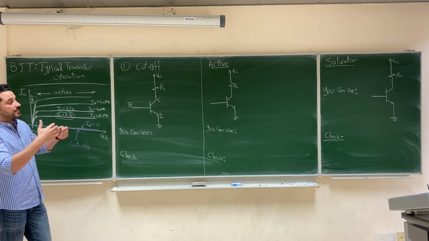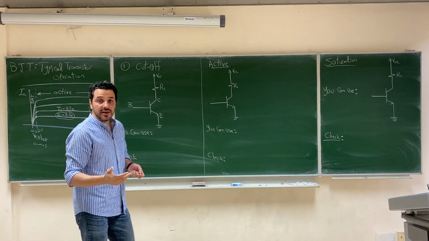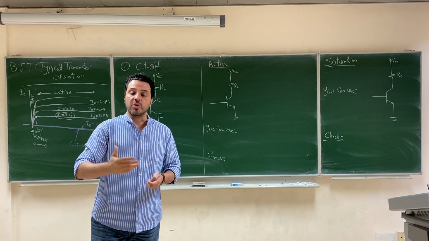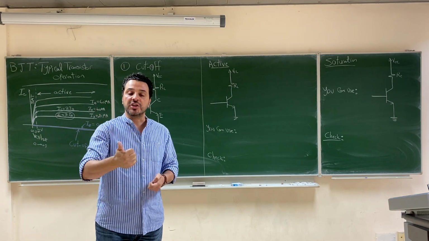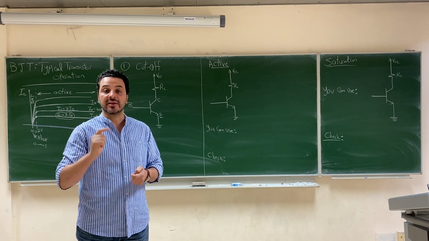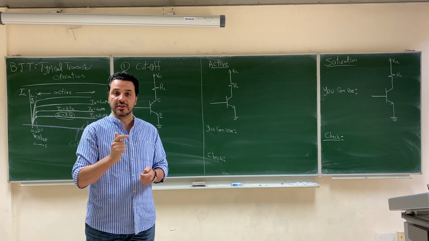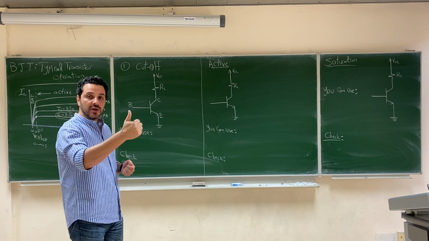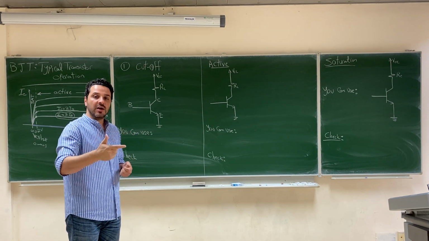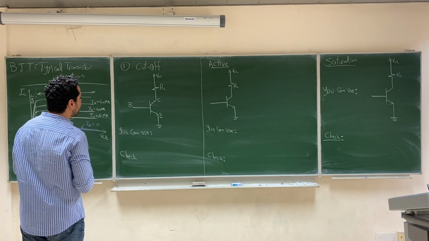So what we are going to discuss here is the 3 modes of operation. If you assume any mode of operation, what equations you can use, and how you can check whether the transistor is really in this mode or not. So for each mode, we are going to discuss what equations you can use by default and how you can check. So let's start with the cutoff.